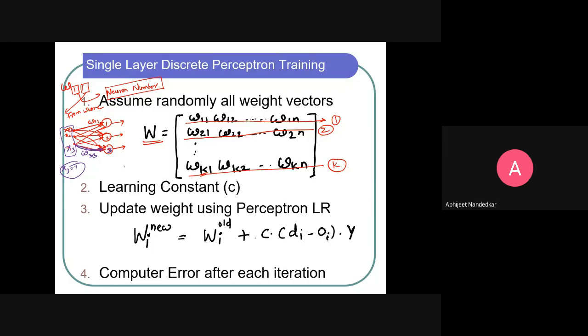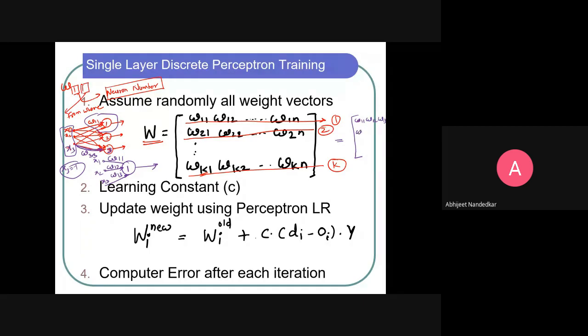Like that, when I talk about neuron number 1, if I zoom into this area and draw here, this will be W11, this is neuron number 1, then this will be W12, since this is coming from x2, and the third weight is W13, coming from x3. So we write a W matrix with W11, W12, W13.